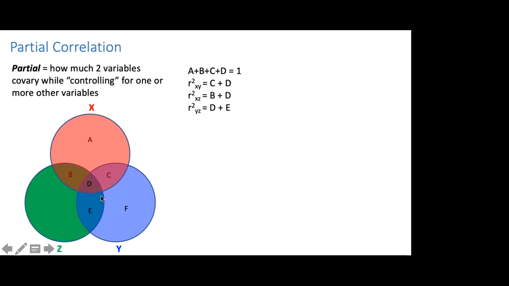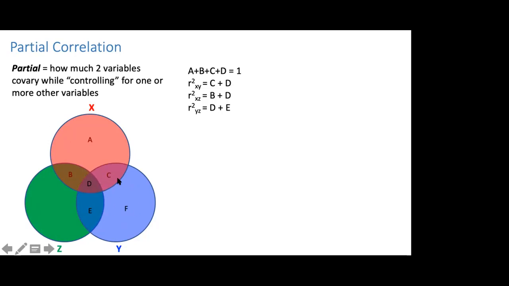What remains is A plus C. I hope you can see that, here I'm tracing it. So what remains from the total variance of X, if we remove the part that is explained by Z, is just A plus C. This entire portion here is removed.